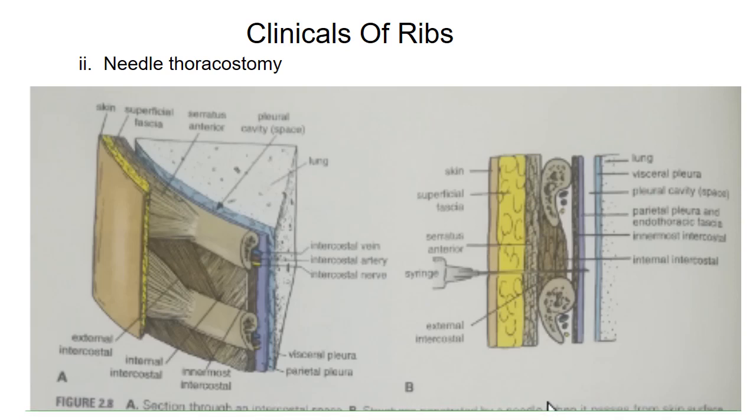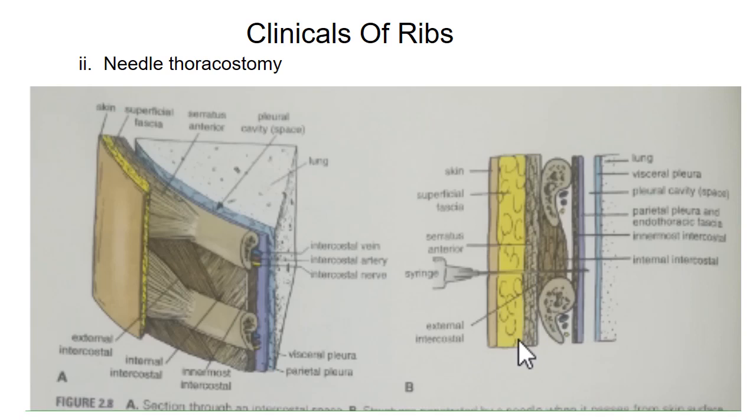So the structures will be skin, superficial fascia, serratus anterior muscle, external intercostal muscle, internal intercostal muscle, innermost intercostal muscle, endothoracic fascia and the parietal pleura. These are the structures which are pierced in the needle thoracostomy.